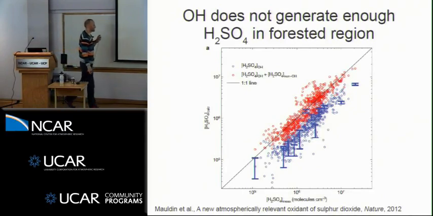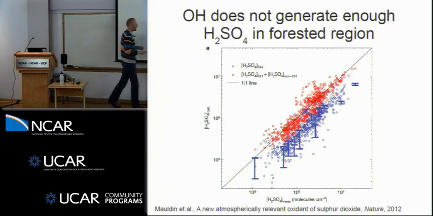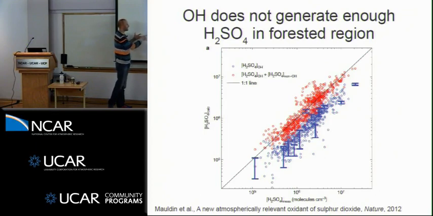So I'm going to talk a little bit about the two Science papers that came out at the beginning of the year. I'll actually start with the second one because it helps me motivate things a bit more. This came out of a group in Finland, and the first author is Mauldin. They have measurements of sulfuric acid in the atmosphere, plotted on this axis. If they model based on OH concentrations and SO2 concentrations, what they would expect the calculated sulfuric acid to be, they also need a condensation sink in order to make this calculation.